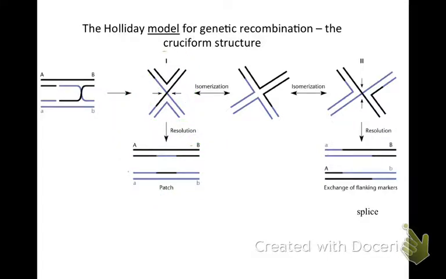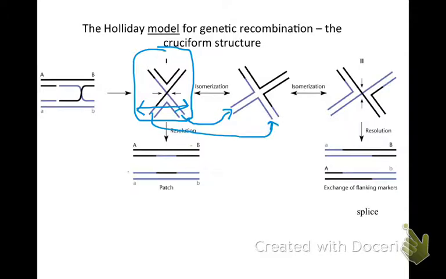The DNA can also undergo an isomerization. So again, let's look at this structure that has resulted from the crossover. Now if we rotate this 180 degrees, we can see that here we have this part of the DNA now on the left side, and this piece is now on the right side. And this cruciform structure can undergo a second isomerization.